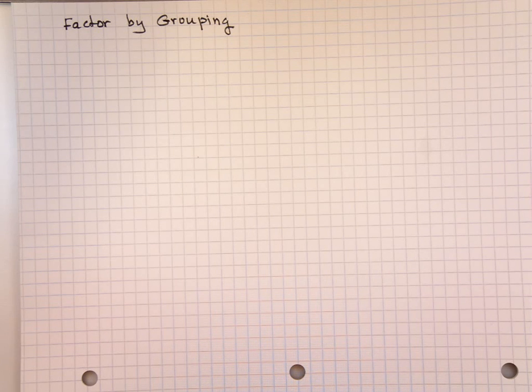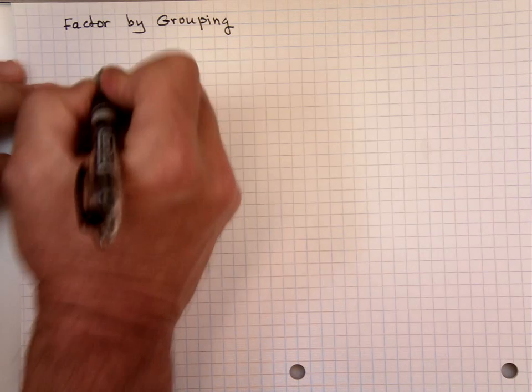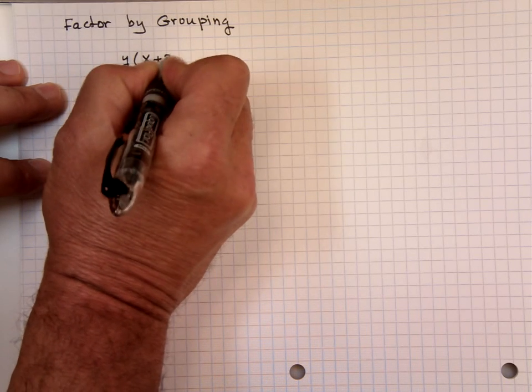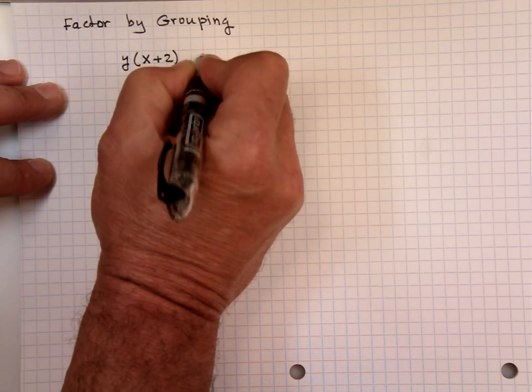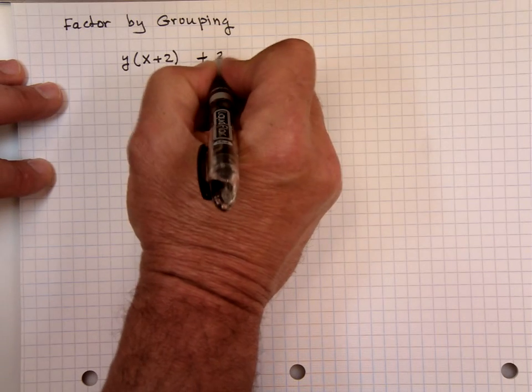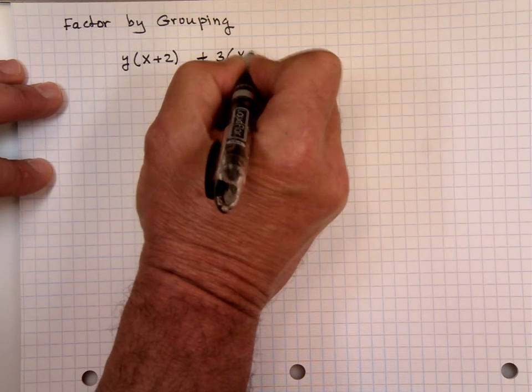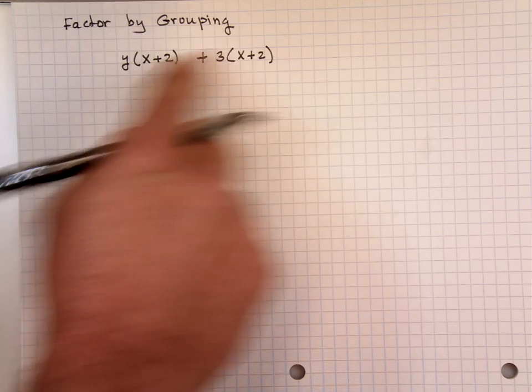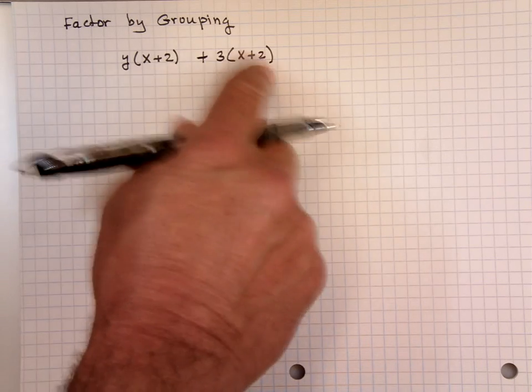If I have this problem, y times x plus 2, that's the first term, plus 3 times x plus 2. You can see actually the x plus 2 is common term there, common factor.